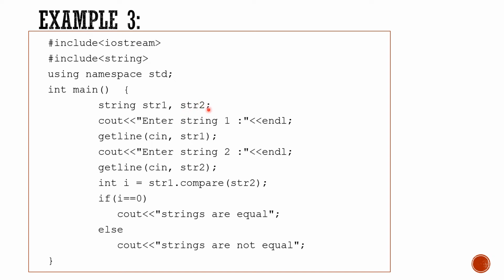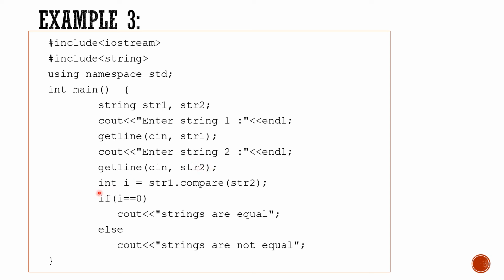These are variables. We display cout enter string 1, and then accept input from the user using getline(cin, str1). Then for the next string, cout enter string 2, and getline(cin, str2).